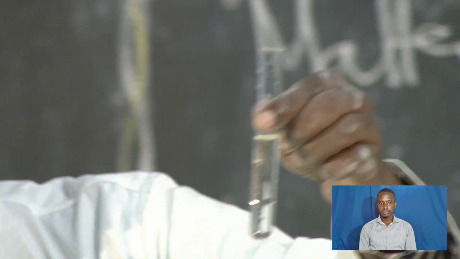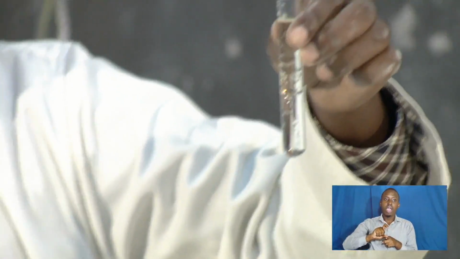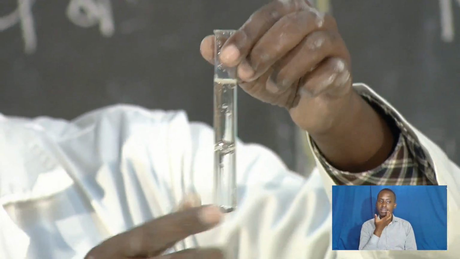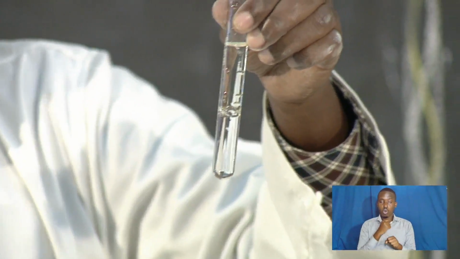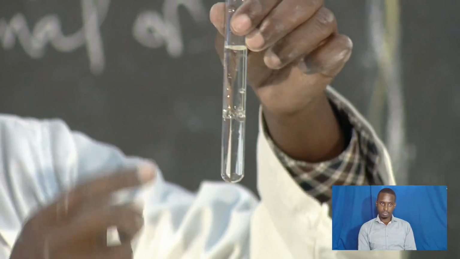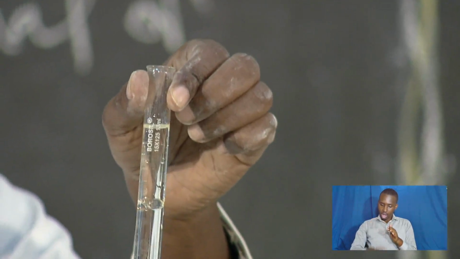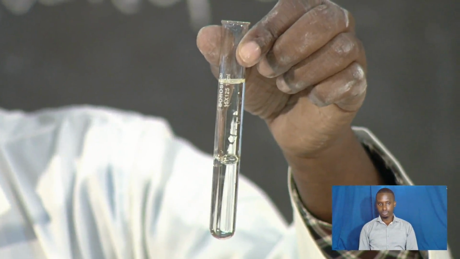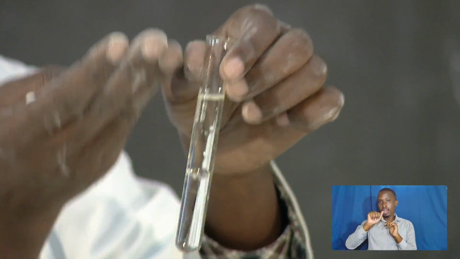I don't know whether you're seeing what is happening here. I can even add more water. You see what is happening. This substance is forming two phases. There are two layers: an upper layer and a lower layer. The lower layer is the water, and the upper layer is the oil.